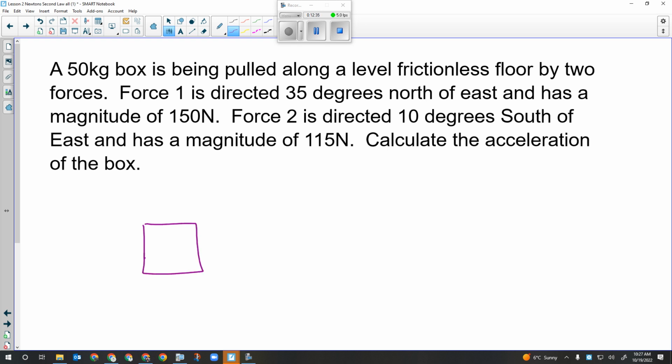Okay, so I'm going to draw my box, and it's 50 kilograms, and it's being pulled 35 degrees north of east. So I'm just going to draw my reference line east there. Okay, and it's 150 newtons at 35 degrees.